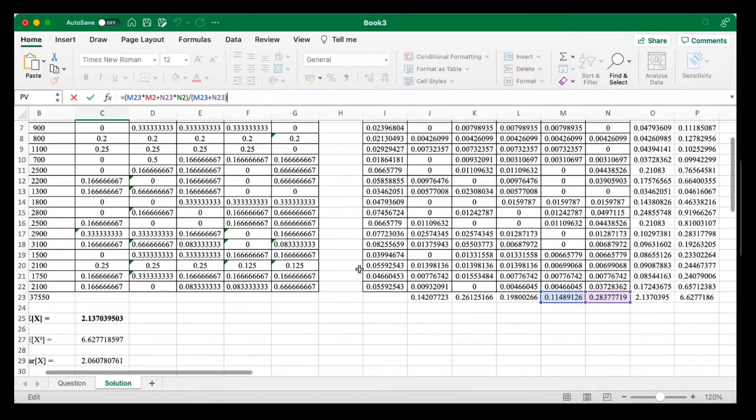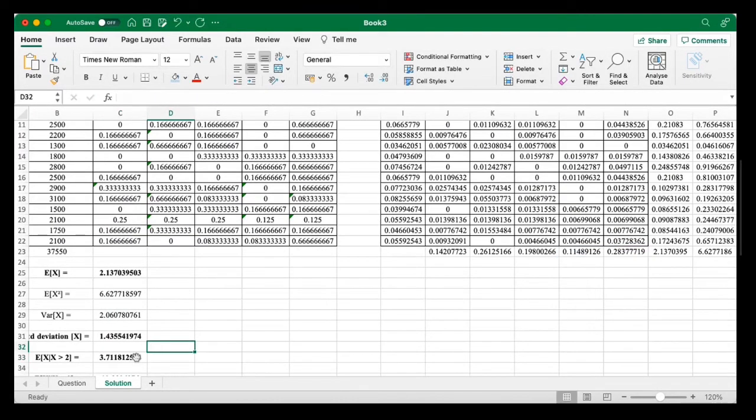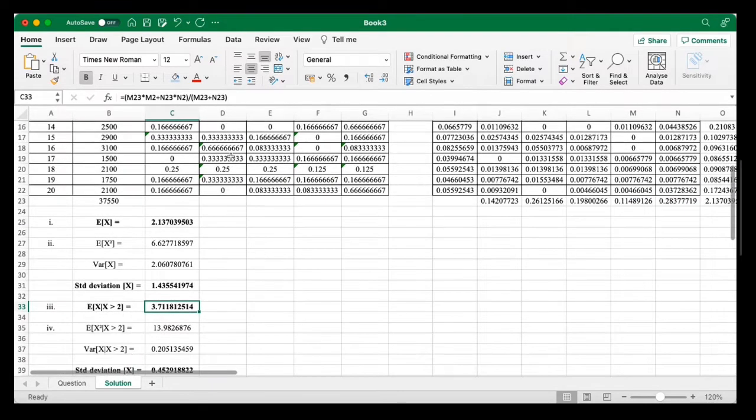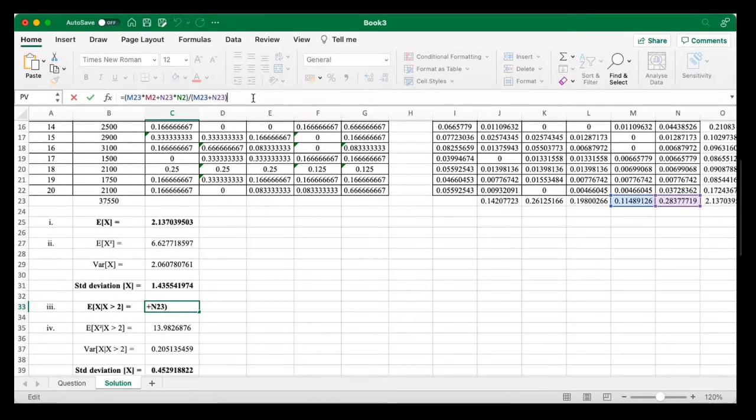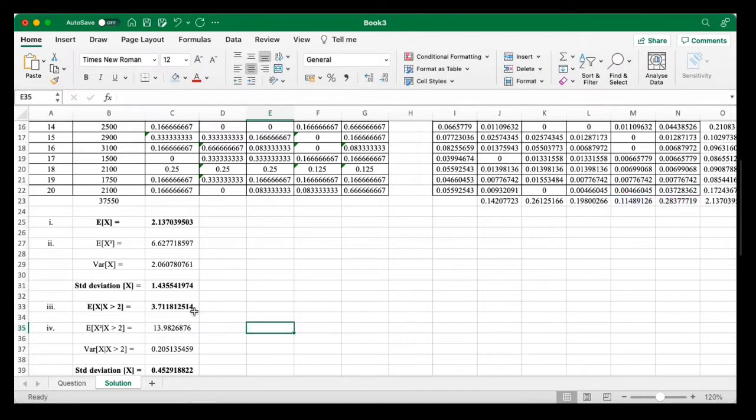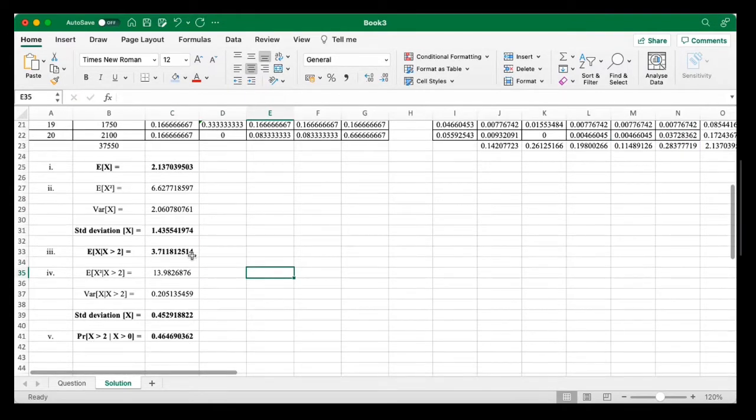And we add them together divided by the addition of the probabilities of 3 and 4 claim counts just now. We will obtain the conditional expectation, which is 3.712.